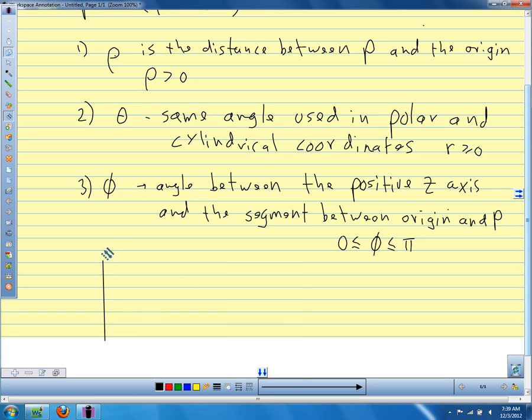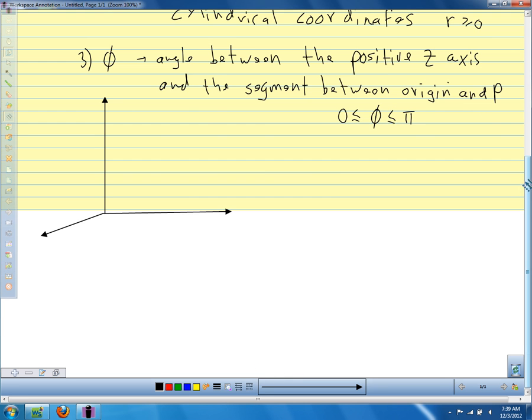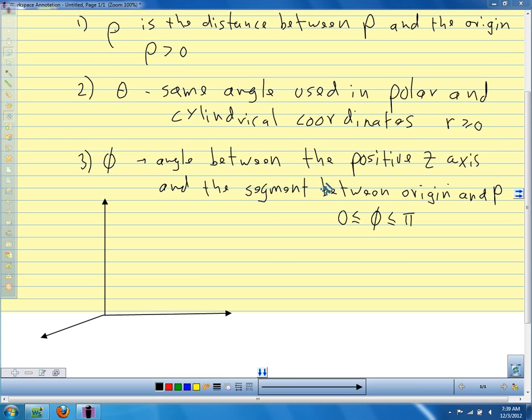Here are my rectangular axes, the ones that we're familiar with. Oops, I don't want an arrow on the end there. And then we'll draw in some dotted lines and then label everything.